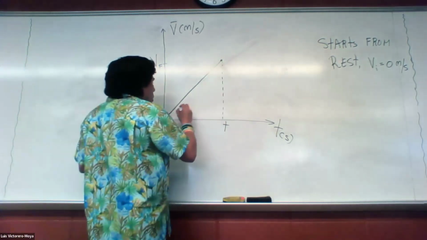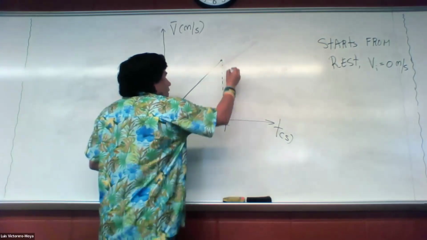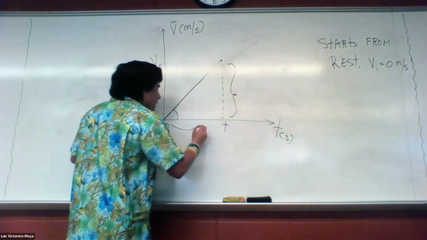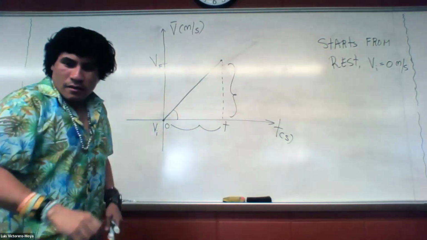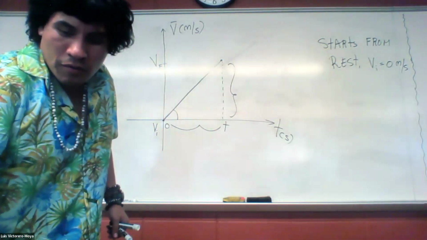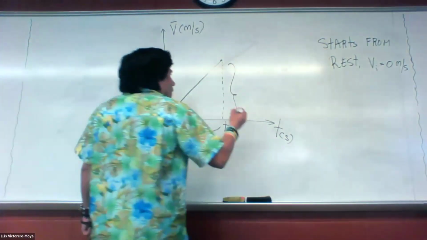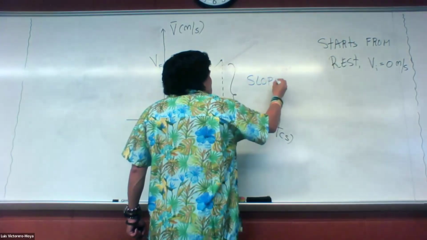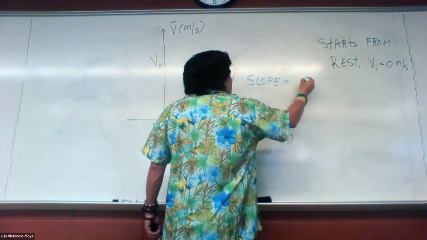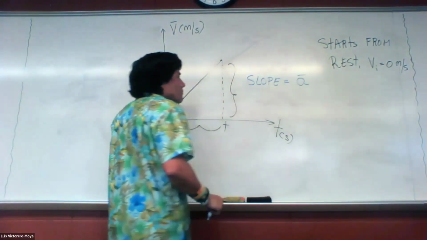This line also has a slope, over this, right? Y over X. So the slope in a velocity versus time graph is the acceleration.